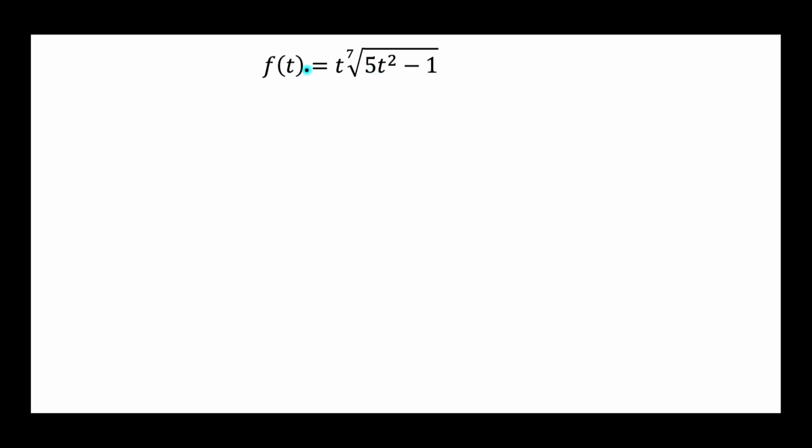So now just to remind you of the product rule, if you've got a function, let's say we call u(t), that is t to the 7, and let's say v(t) is this function. Sorry, I should have simplified that to just put the power in.